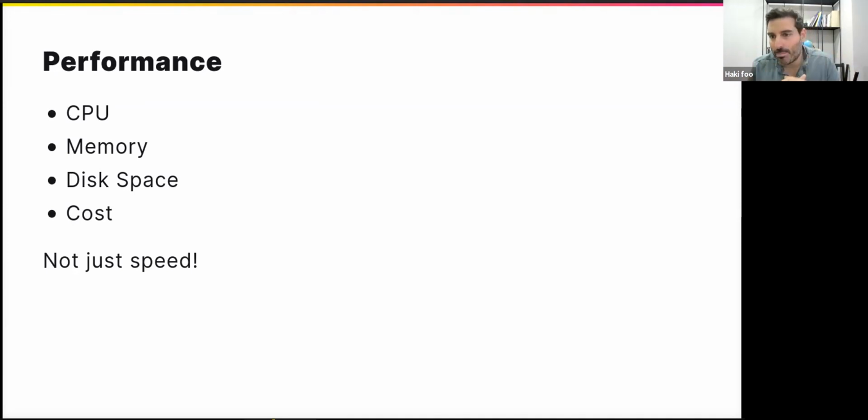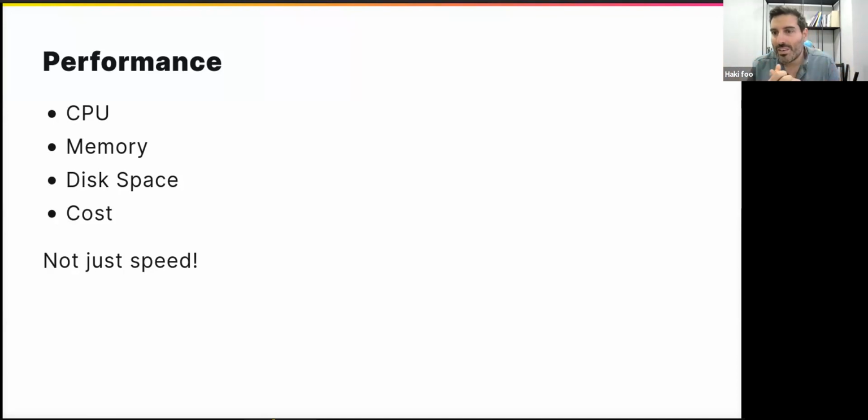Now, just as an example, to demonstrate why performance is not always speed, consider, for example, a background process that is doing some work. Now, if this background process takes, I don't know, 1 minute instead of 30 seconds to complete, it might not affect your application in any meaningful way.